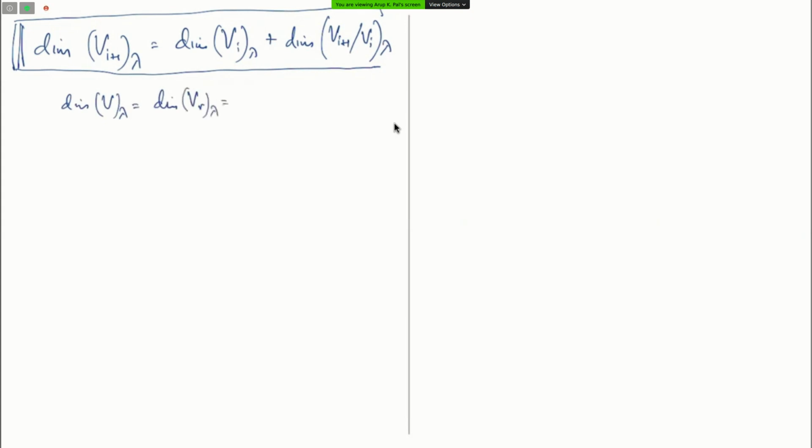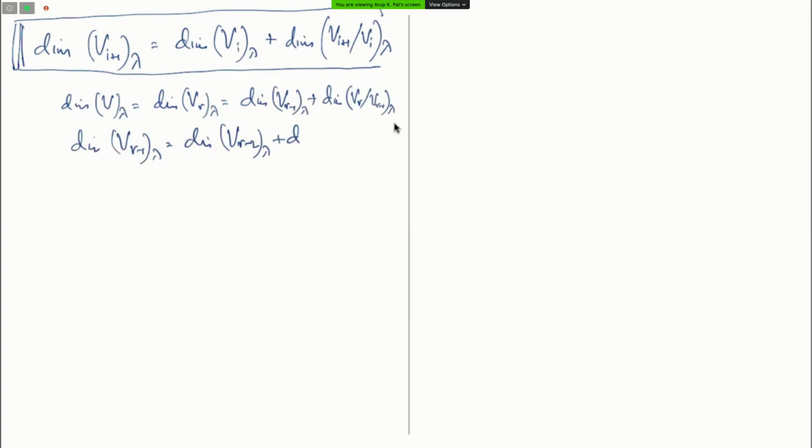So this is the dimension of V_R minus 1 lambda plus the dimension of the quotient V_R by V_R minus 1 lambda. Then the next one, the dimension of V_R minus 1 lambda would be the dimension of V_R minus 2 lambda plus the dimension of V_R minus 1 by V_R minus 2 lambda, and so on.